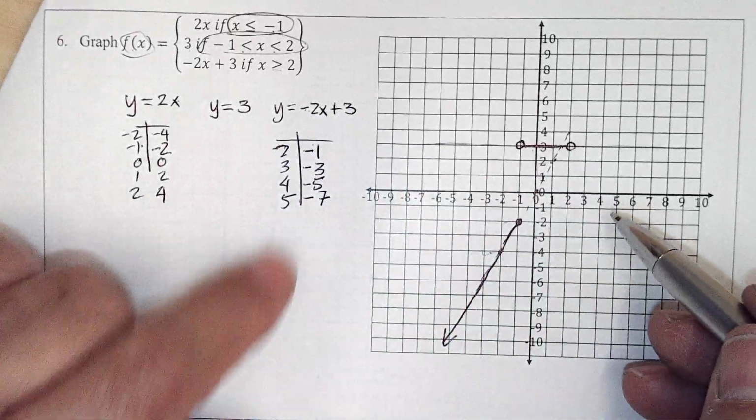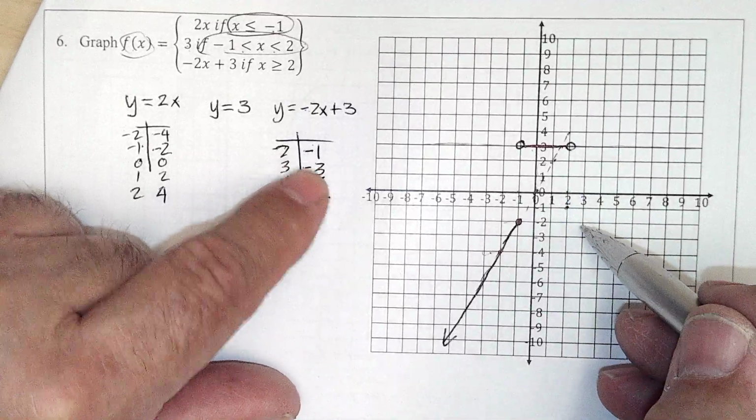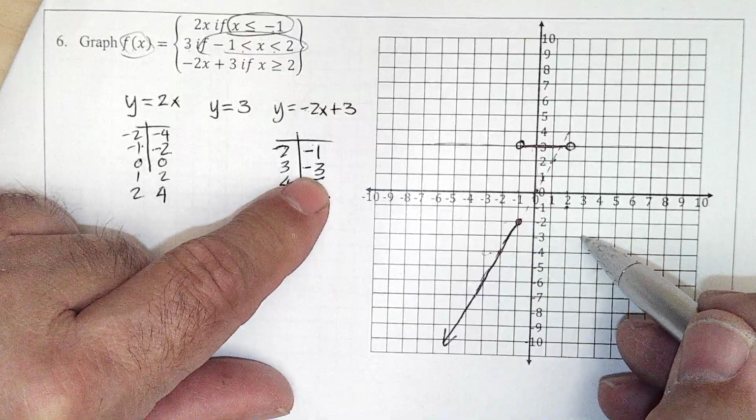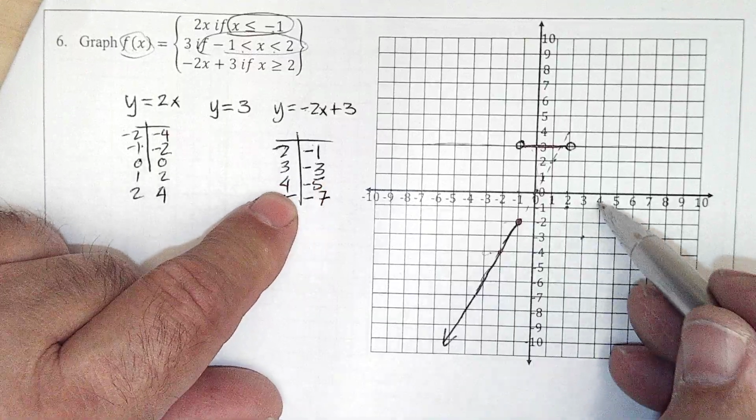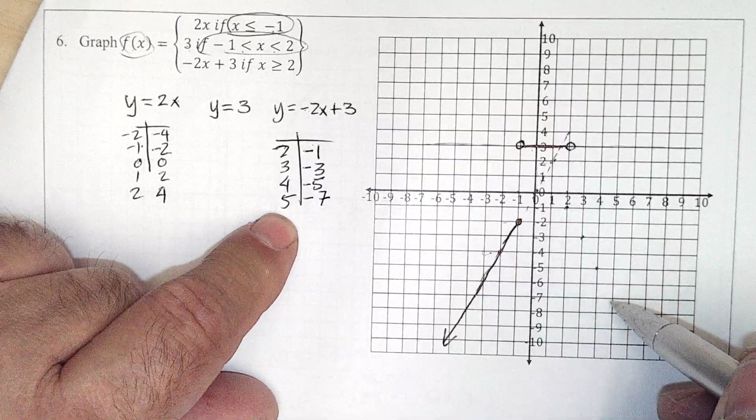And I can see a pattern. 2, -1; 3, -3; 4, -5; 5, -7.